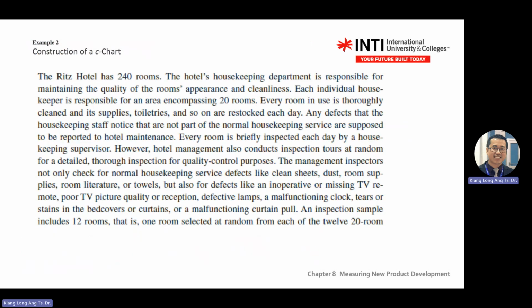Okay, so read again. An inspection sample includes 12 rooms. That is one room selected randomly from each of the 20 rooms. So each housekeeper needs to service 20 rooms, and one room is randomly picked from these 20 rooms. And this inspection is done by management.